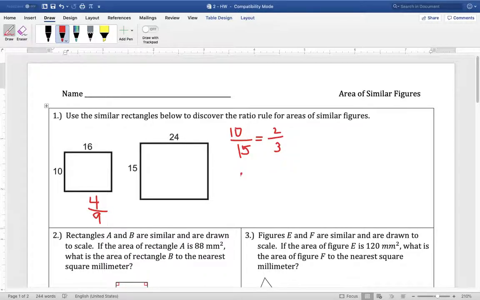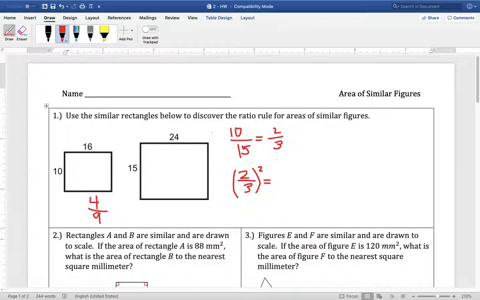Well, if we take 2/3, which is the ratio of the sides, and we square this ratio, we get the ratio of the area of the two figures.